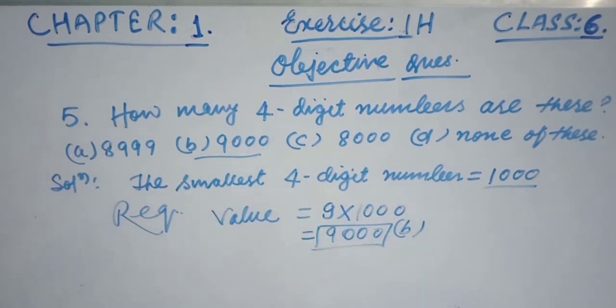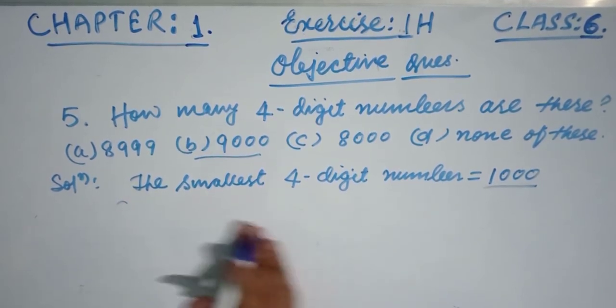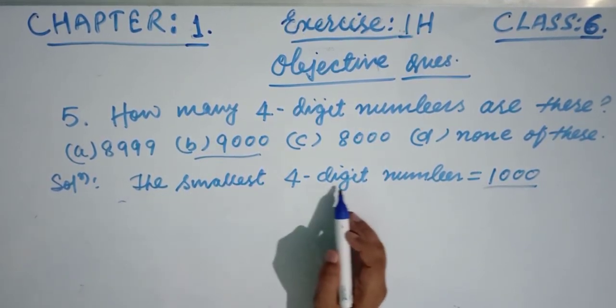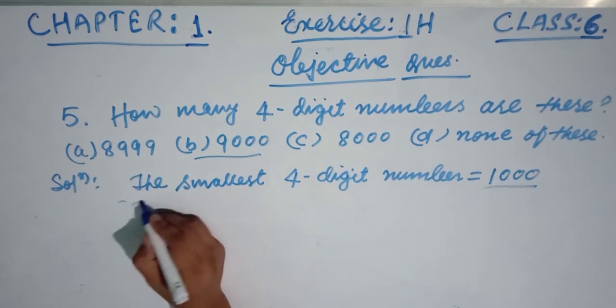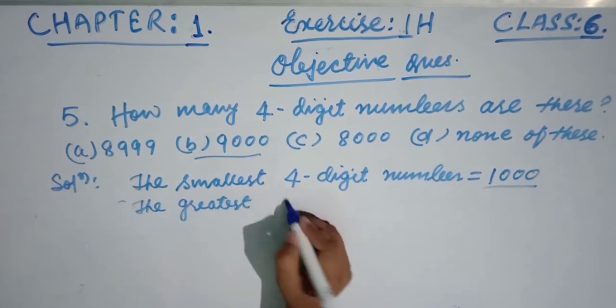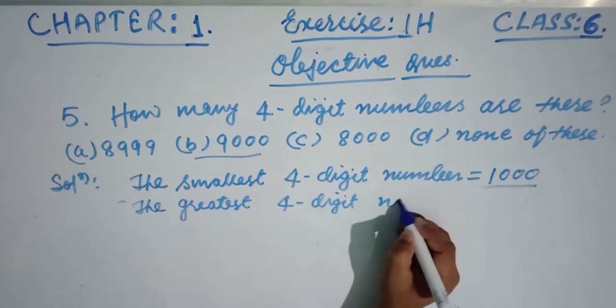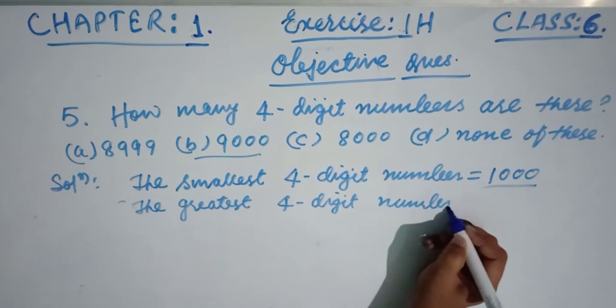This is the first method that I discussed with you. Now the second method, which is given in your book. The second method is first write the smallest 4-digit number, and then the greatest 4-digit number.